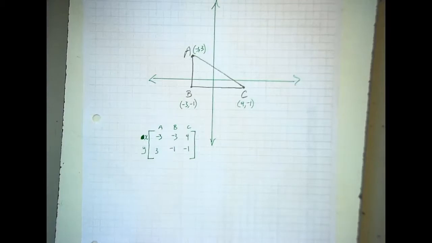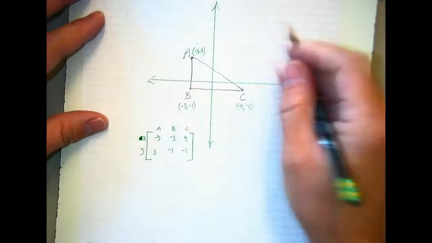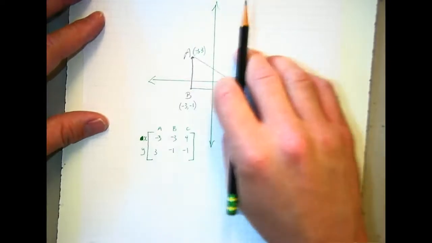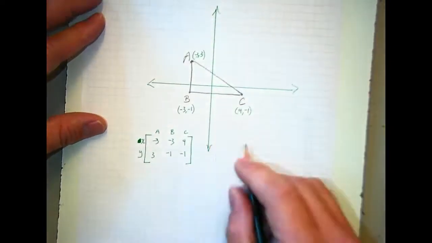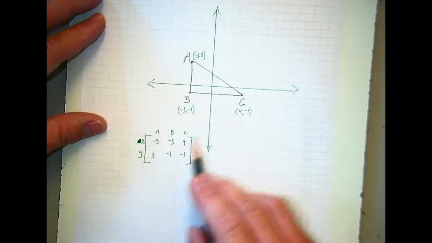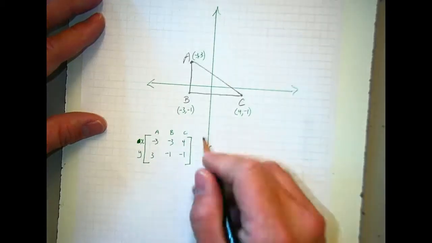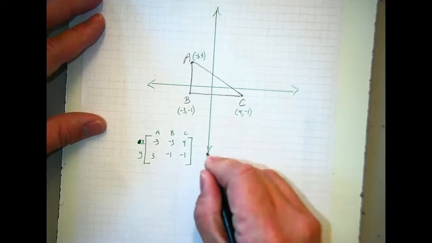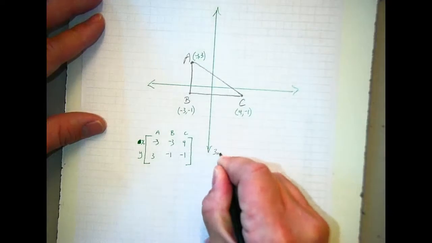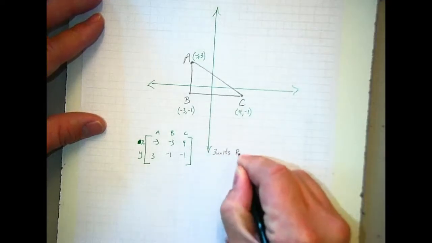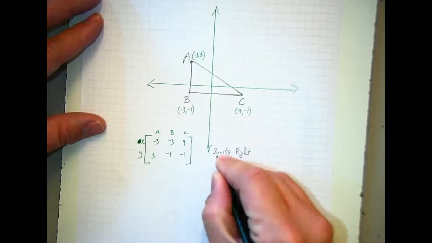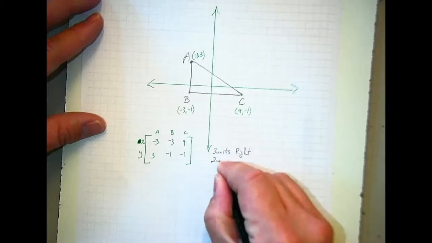All right. Now, without moving the figure on your graph, I want you to translate this matrix 3 units to the right and 2 units down.